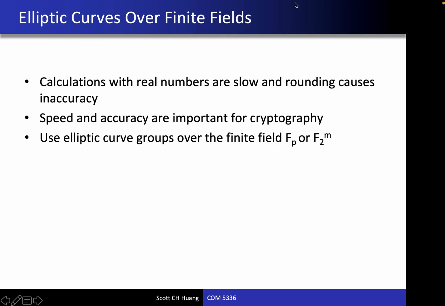For general purpose elliptic curve crypto systems, you use prime fields. That's the easiest one. However, if you have special hardware, it's actually even better to use binary fields.